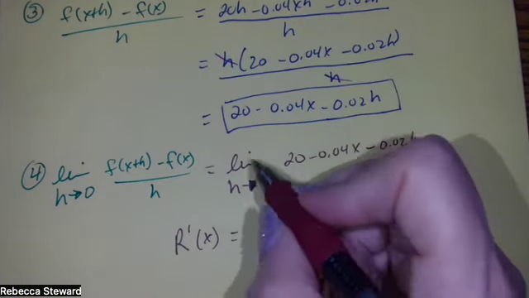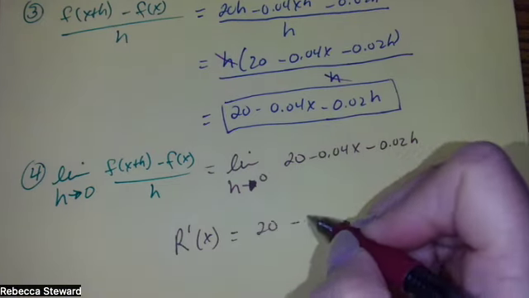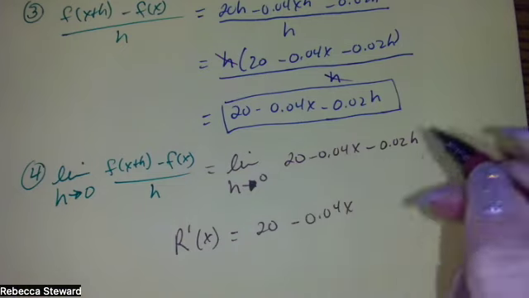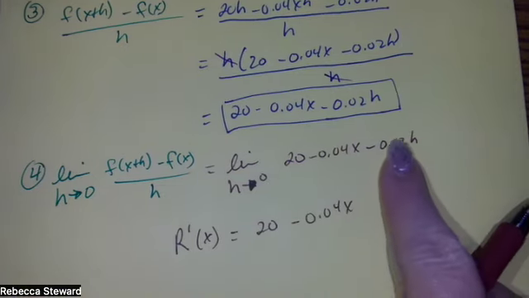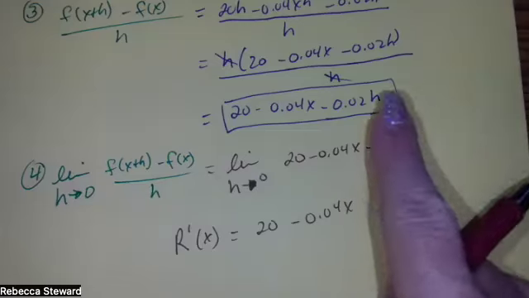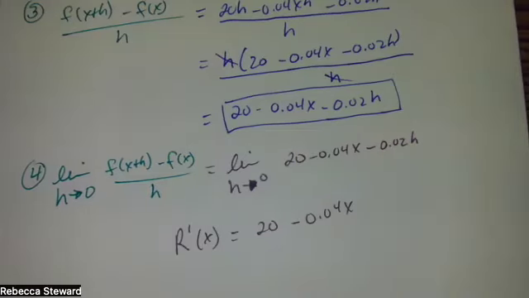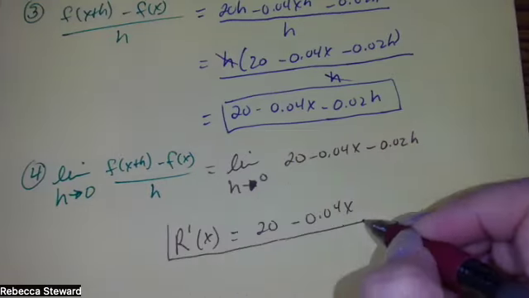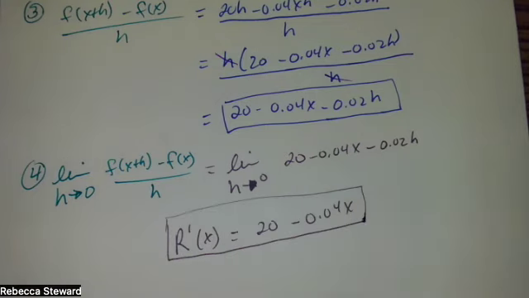So we'll still have our 20, and we'll still have our negative 0.04x, but this part here is going to get really small, so it's going to go to 0. And this is what we were looking for in part C, the instantaneous rate of change of revenue of the 400 planters.